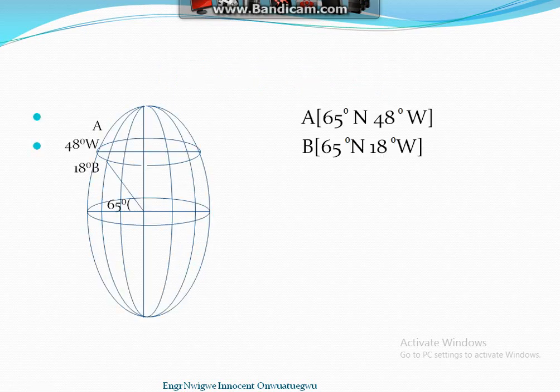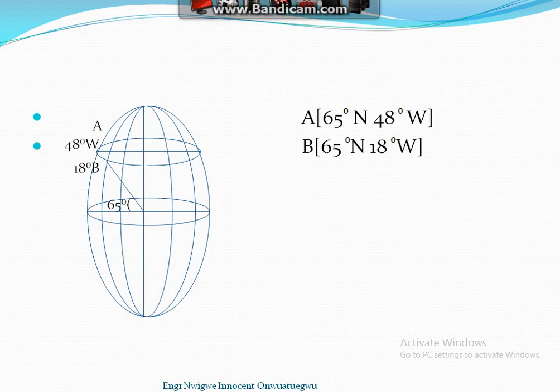A is located at the point, in parentheses, 65 degrees north and 48 degrees west, while B is located at a position of, in parentheses, 65 degrees north and 18 degrees west. Since the two of them have the same latitude of 65 north, we use our protractor to measure out 65 degrees on the circle of geometry.